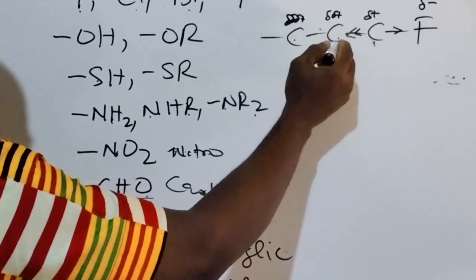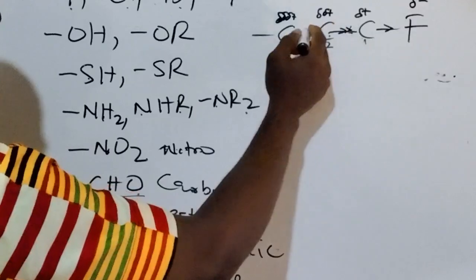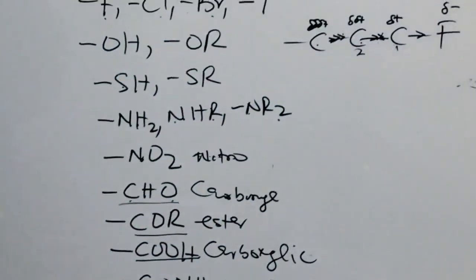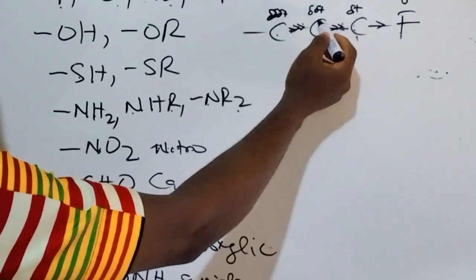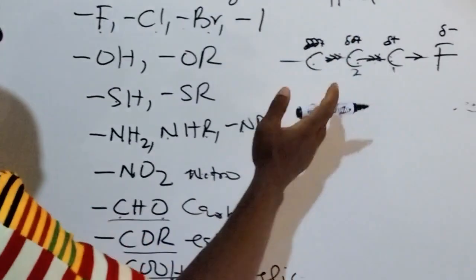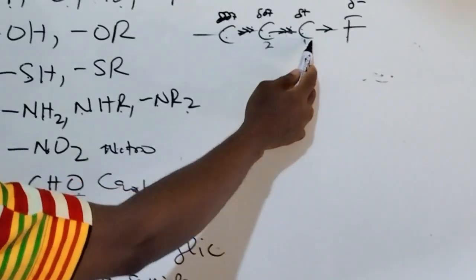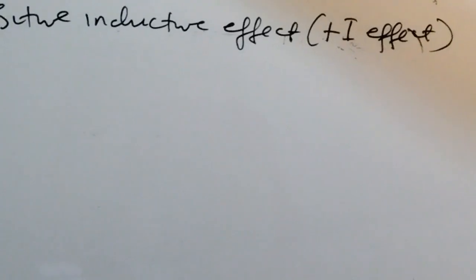The inductive effect tends to decrease with distance. This group withdraws electron from this carbon, this one withdraws from the next, and so as we move away, the inductive effect decreases. So stay connected as we continue.